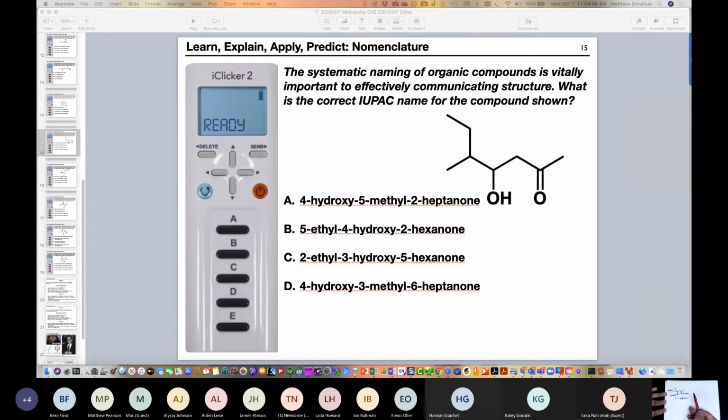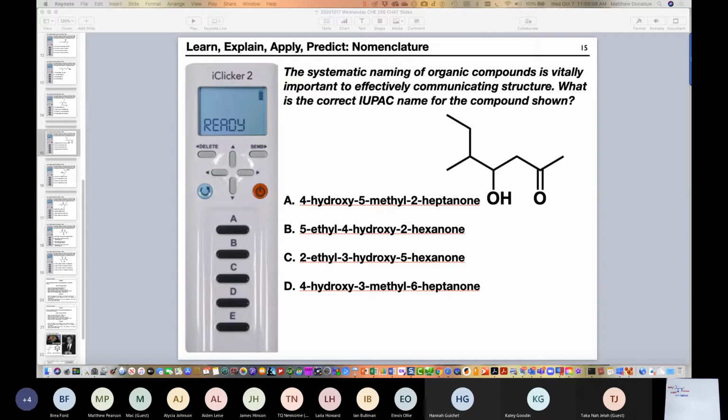Those are the 3 things that are off the main chain. Now, what we have to determine is, of the functional groups present, which one takes priority in terms of altering this name to indicate the major functional group.